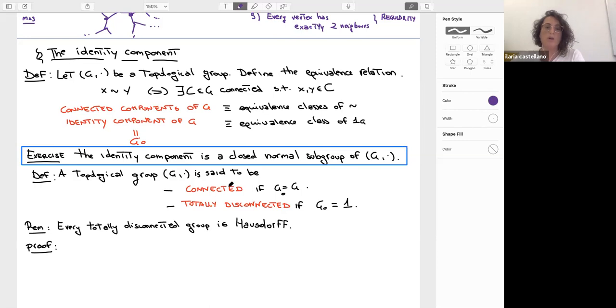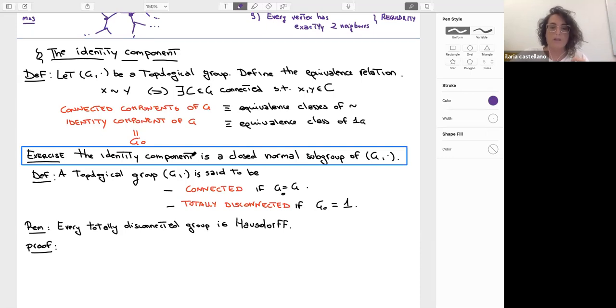Because now we know that the identity component is a closed normal subgroup, we have two opposite possibilities. The identity component can be the whole group, and then the group is connected. Or the identity component is trivial, and then we say that the group is totally disconnected.